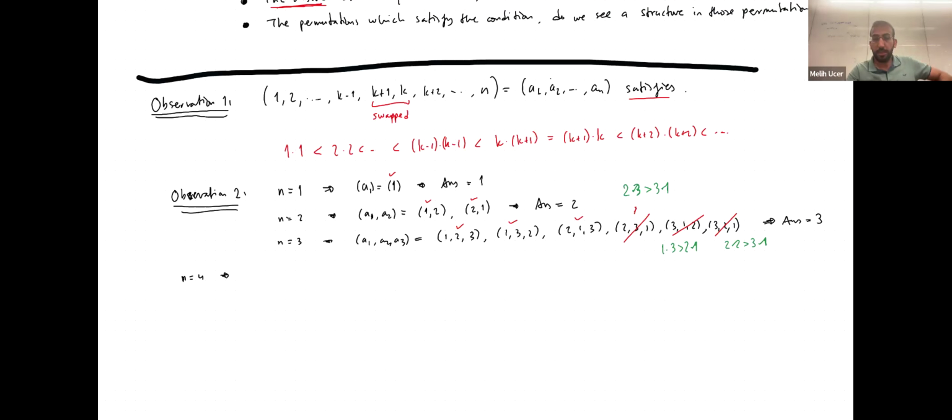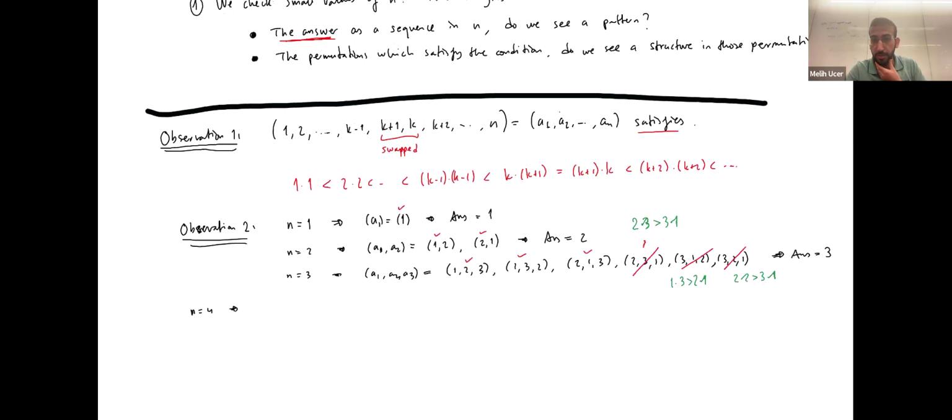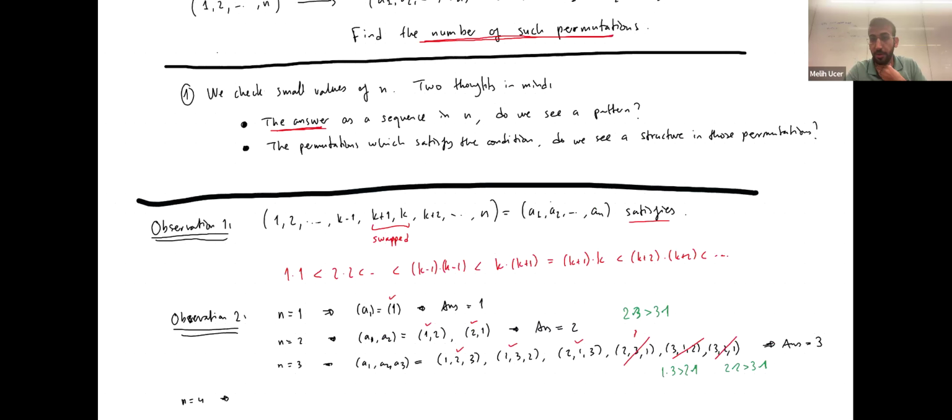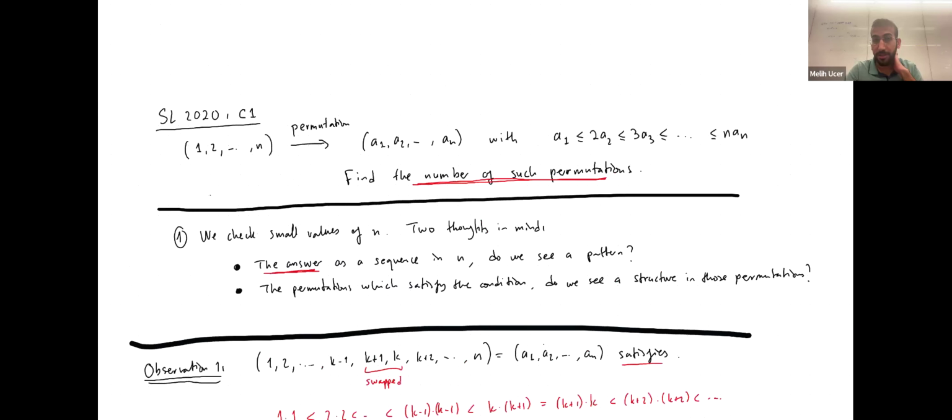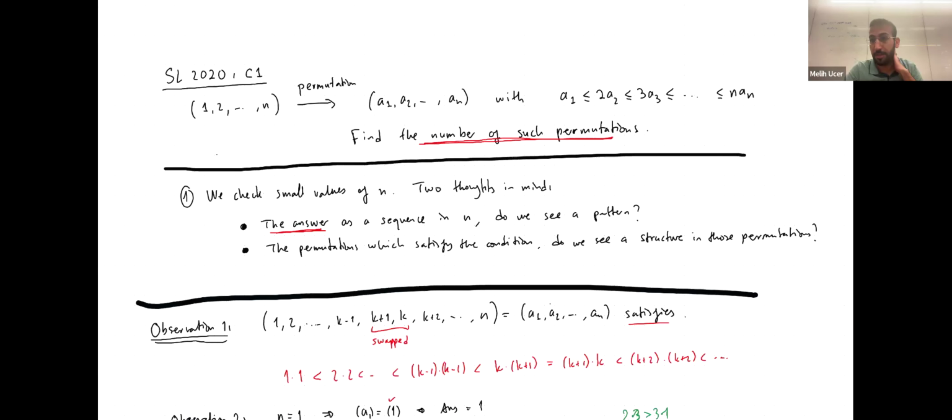But see, this is a very good thing. You are making an observation about the permutation itself. You are discovering a hidden structure, which is not here, telling me that the last number must be either n or n minus 1. And the last two numbers must be, you are saying, n and n minus 1.